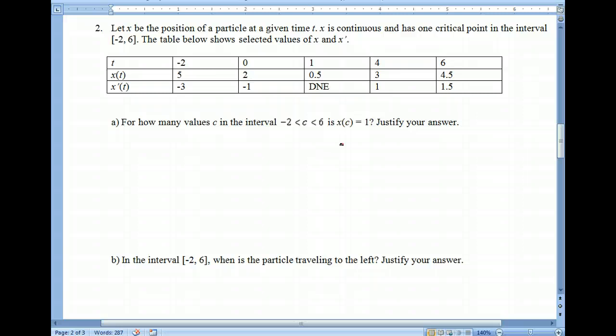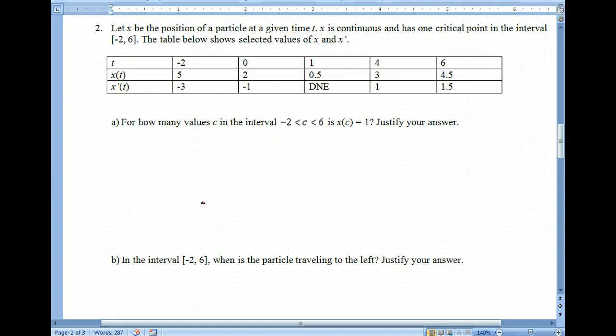Questions on this one? What's this one about? What is this problem about? This is the PVA problem.